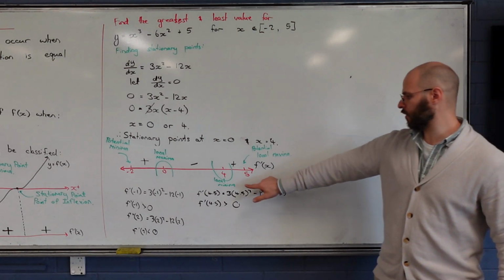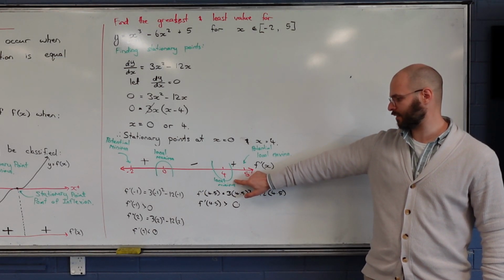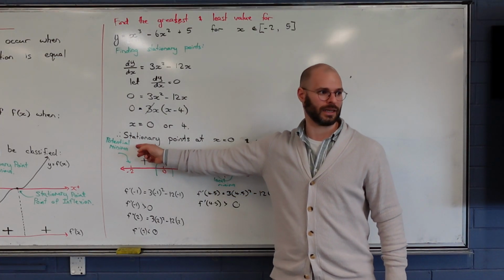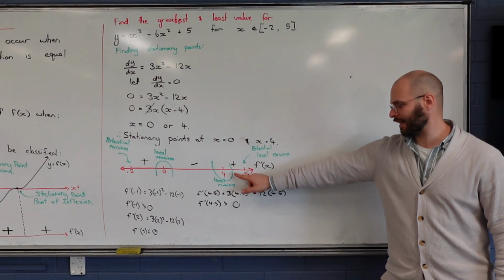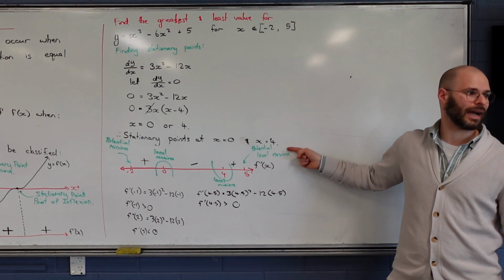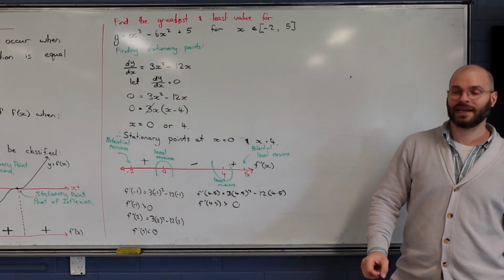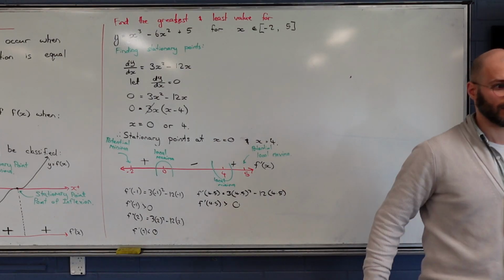You are at the lowest point possible here, because this potentially is the minima. You're low and then you're increasing. So by the time you hit 5, you could potentially be at the maxima for this interval. Does that make sense, guys? Yeah. Okay, now the question is asking, find the greatest and least value.